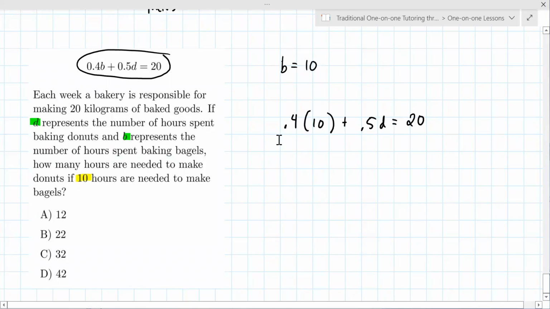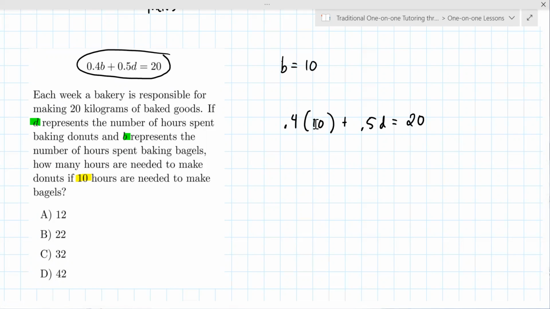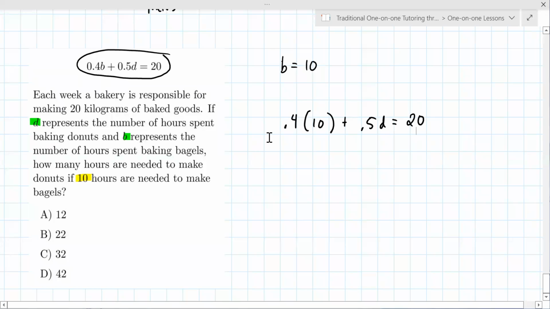Do you have a calculator still? 0.4 times 10 is... 0.4 times 10. What is 0.4 times 10, Sourish?